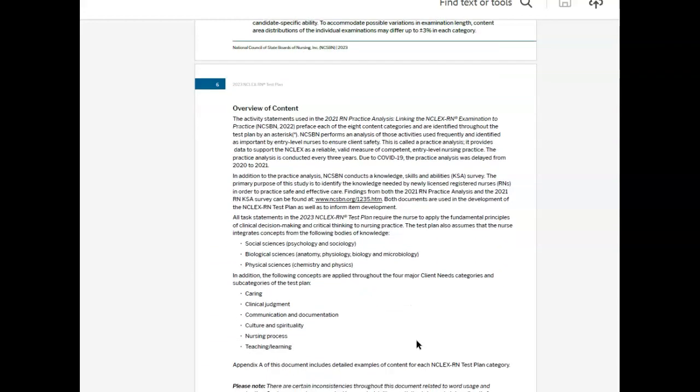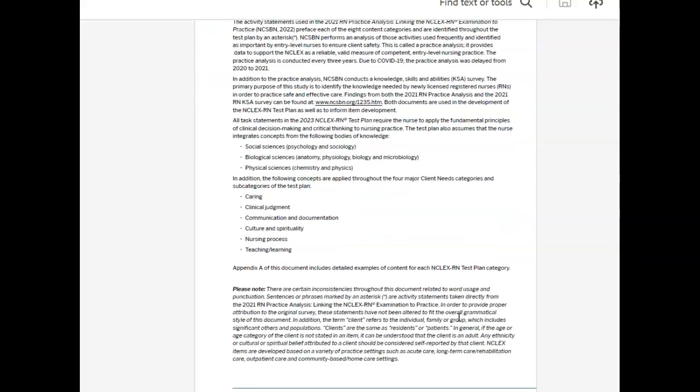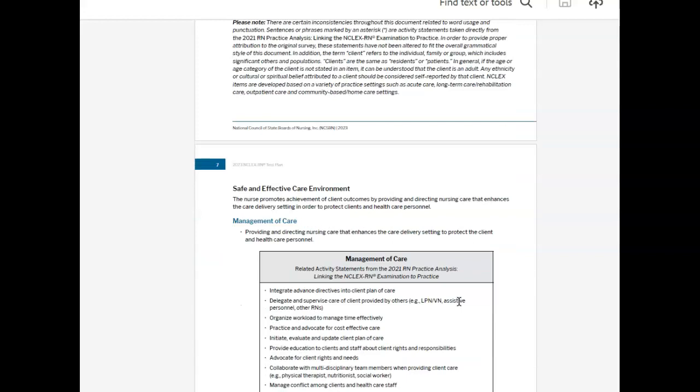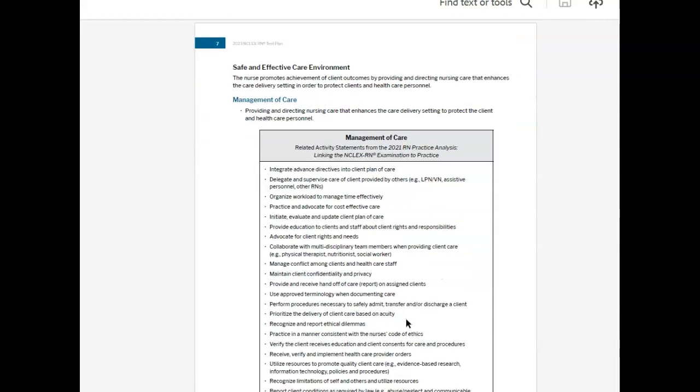Then there's an overview of the content itself, and it talks about all the sciences that were involved and what thought patterns they're using. And then you have the different categories. Remember, the safe and effective care environment included management of care. It talks about activity statements that nurses would do within this category.